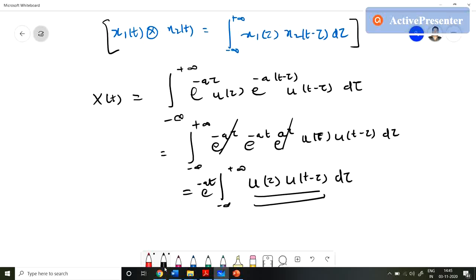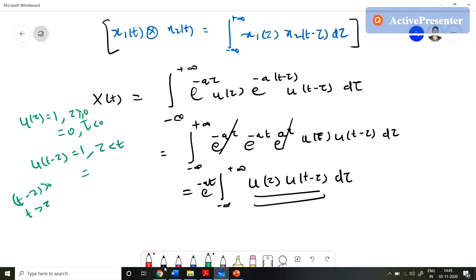So we need to find out what is u(tau) and u(t minus tau). So let us define u(tau). u(tau) is equal to 1 for tau greater than or equal to 0, and 0 for tau less than 0. u(t minus tau) is equal to 1 for t minus tau greater than 0, which means tau less than t, and it is equal to 0 for tau greater than t.